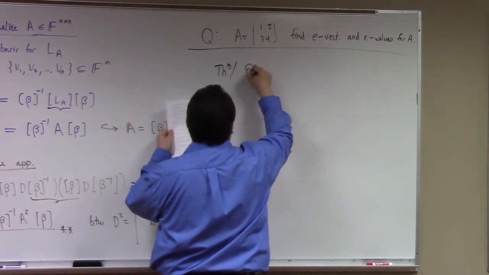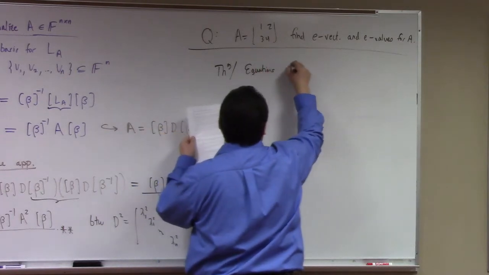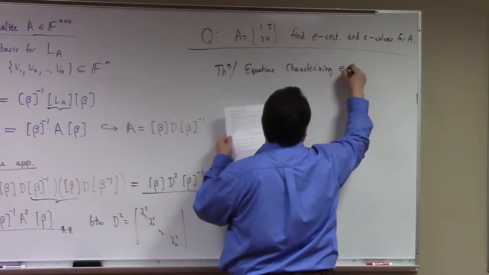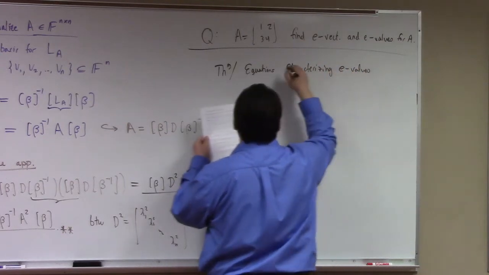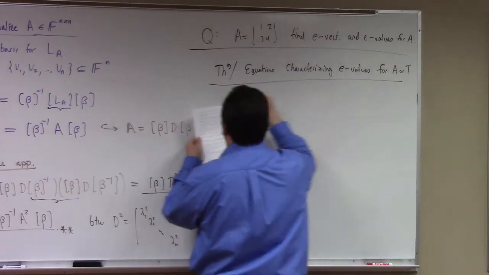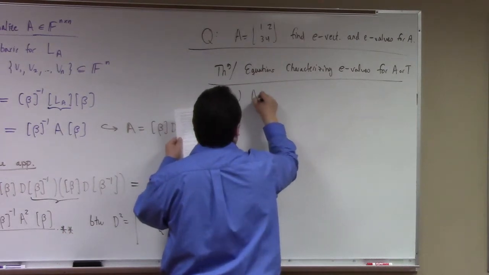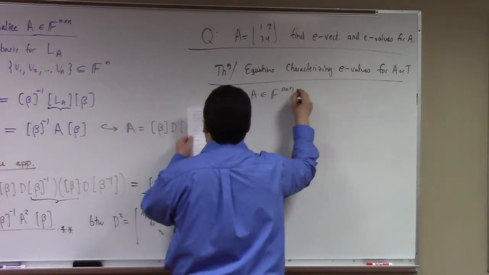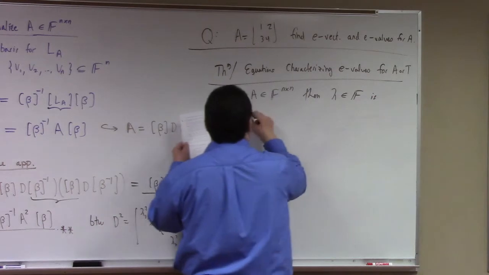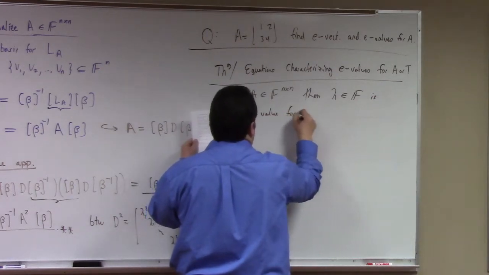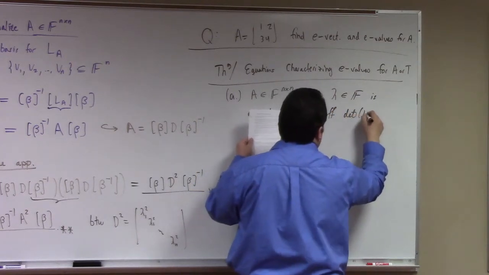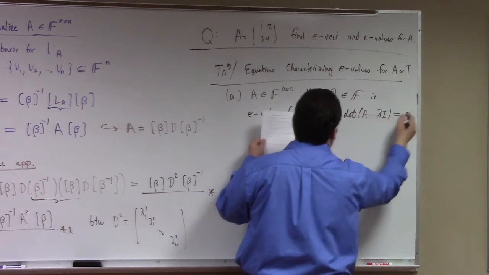These are the equations characterizing the eigenvalues for A or T. So number one, if you have an n by n matrix, then lambda in the field is an eigenvalue for A if and only if the determinant of A minus lambda I is equal to 0.